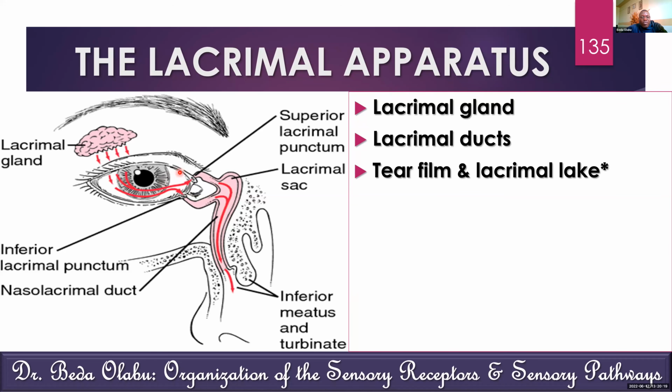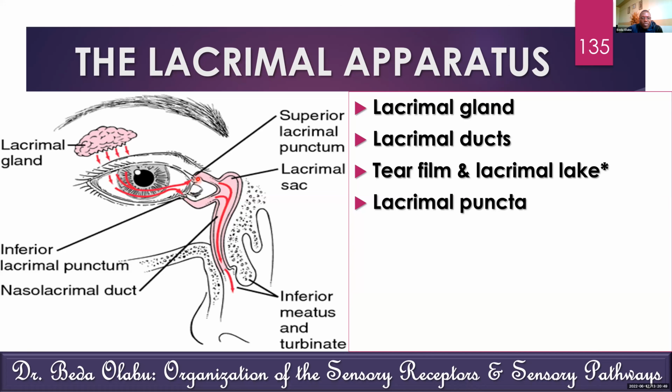So there'll be a film of tears in front of your eyes, but because of gravity, much of that film will be on the lower part between the eye and the lower eyelid. That pool of tears is what we call the lacrimal lake. From the lacrimal lake, on the medial aspect, there are two tiny openings, which we call the lacrimal puncta, that drain the tears.